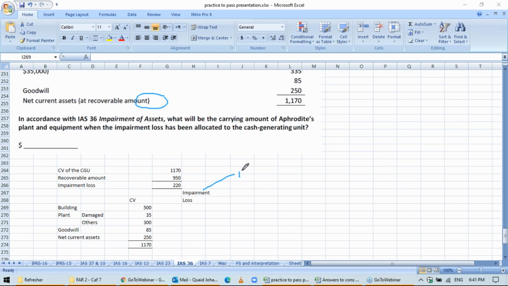First in the sequence, impairment loss will be allocated to the individual asset whose recoverable amount I already know.